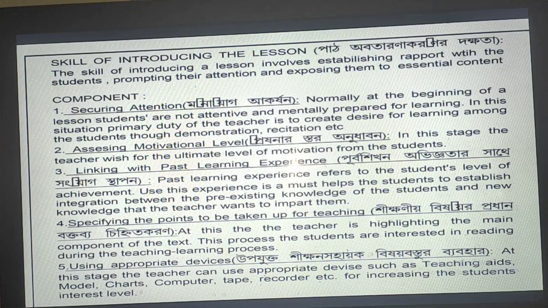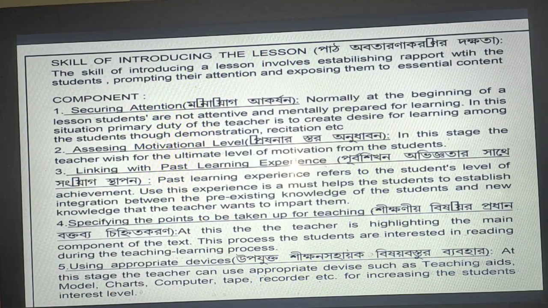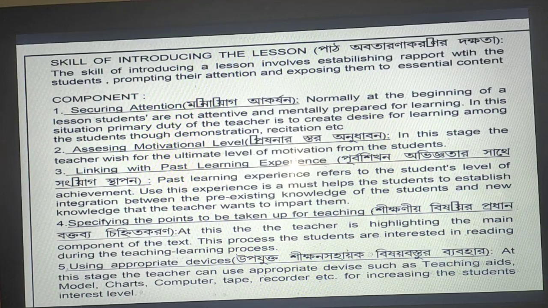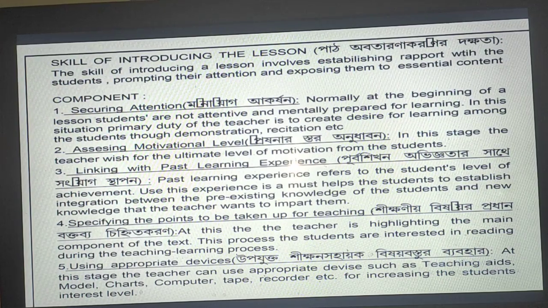Next point is assessing motivational level. When the teacher creates attention among the students through different types of techniques, the main aim is that the teacher wishes for the ultimate level of motivation from the students.